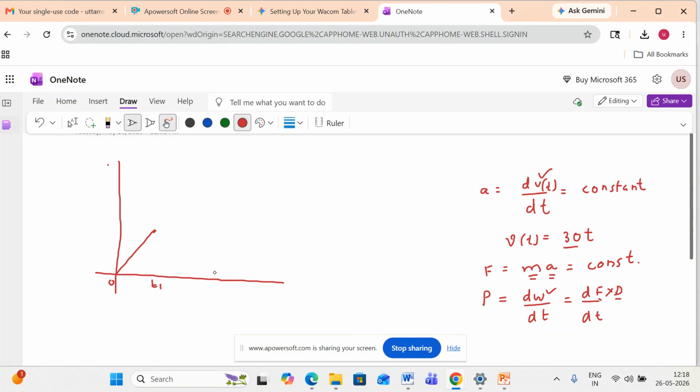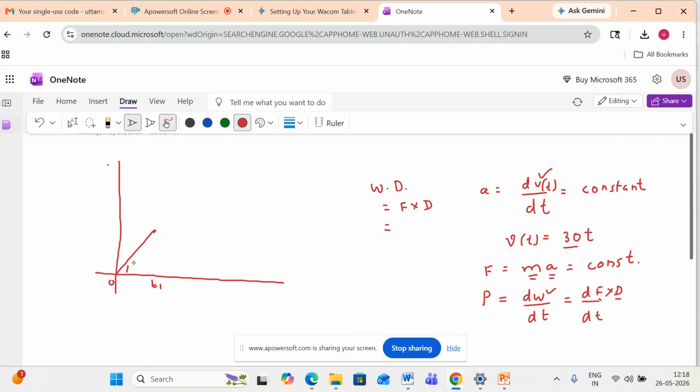I'll give you one simple equation: work done is equal to force into distance. Force is almost constant, and distance is increasing linearly, so the work done is also increasing.